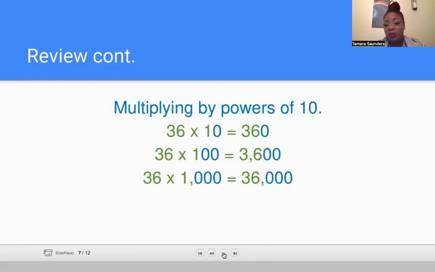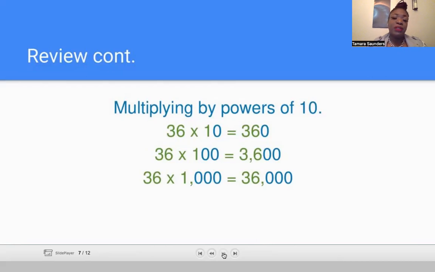You guys know that once there's a 0 in that ones place, it can be ignored, and we're literally multiplying by 1. That's your identity property of multiplication, which we have been working on all year long. 1 times any number gives you that number. So 1 times 36 gave you 36, and then you take that 0 from the 10 over to the other side. The same thing with 36 times 100.